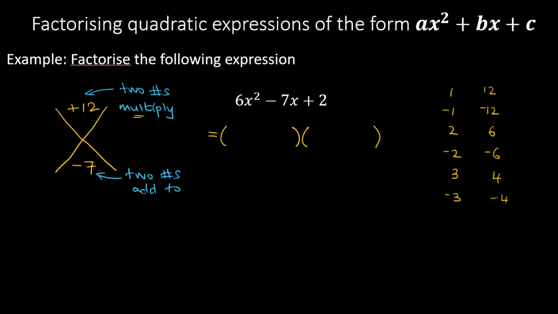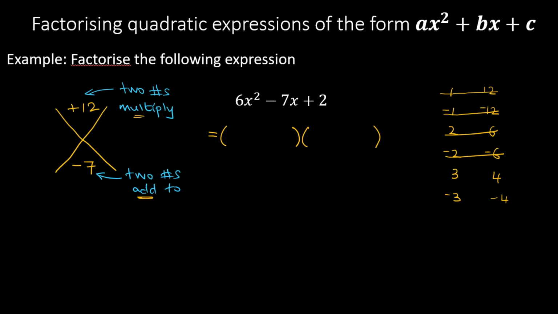Is there any other possibility? No. So now we consider the addition. 1 when we add with 12, 13. No. Negative 1 with negative 12. No. 2 and 6. No. Negative 2 and negative 6. No. 3 and 4.